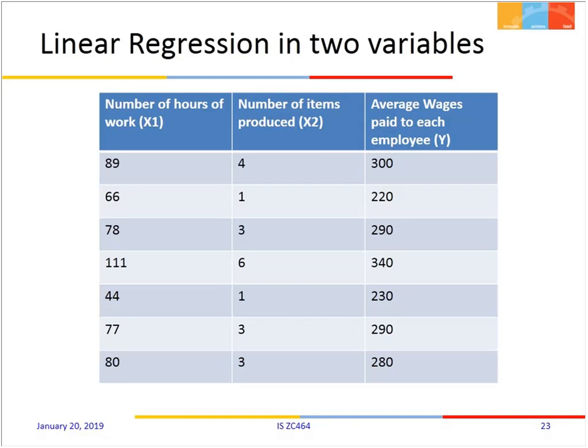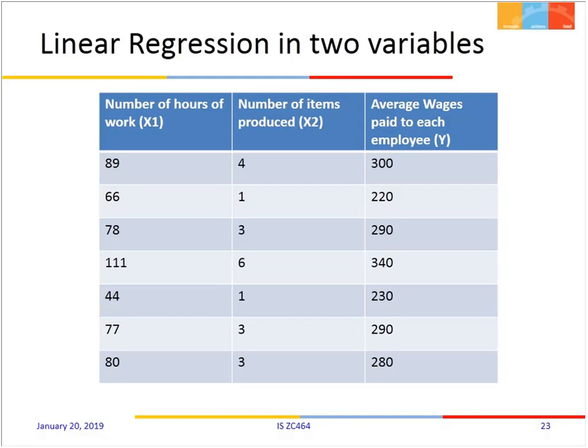Let us say there is one variable x1 which is the number of hours of work which people did for a company, and the number of items produced is in these values. Every data is numerical, and the average wages paid to each employee. So each employee was paid some 300 rupees or 220 rupees. It is distributed on the basis of production, right?